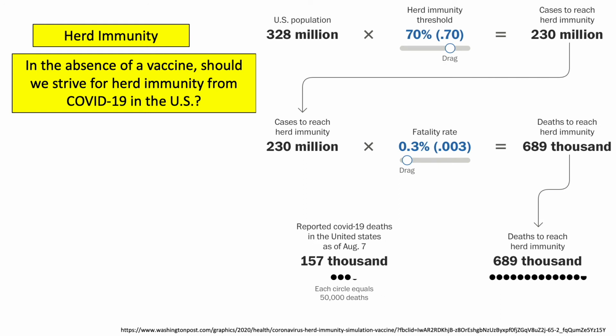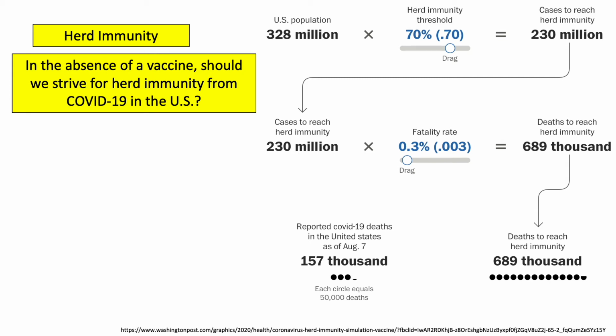So the question is, since we don't have a vaccine at this point, in the absence of a vaccine, should we strive for herd immunity in the United States? Here's a calculation of what that would mean. We start with 328 million individuals. We identify the herd immunity threshold. Depending upon the expert you consult, this might range from 20% up to 80%.